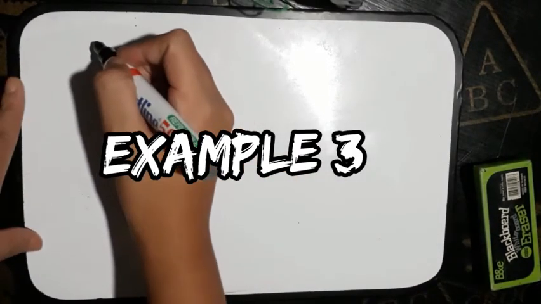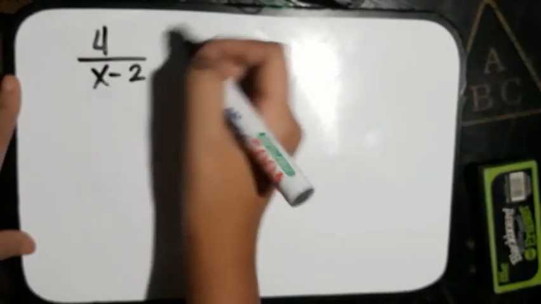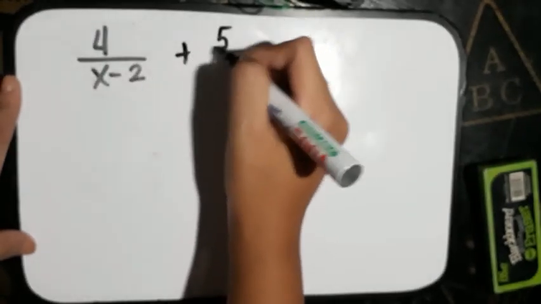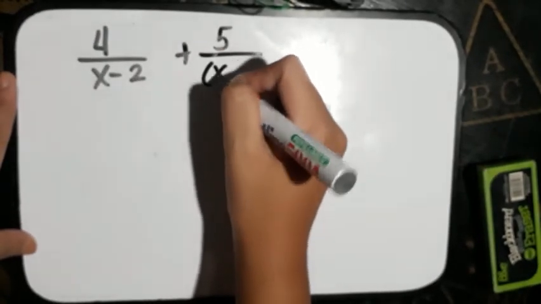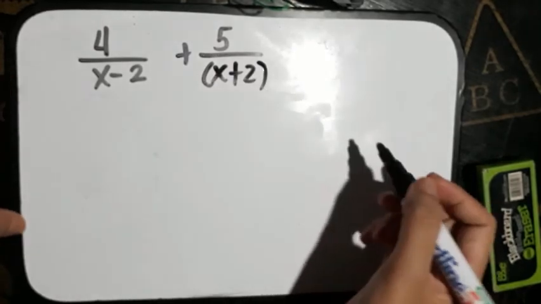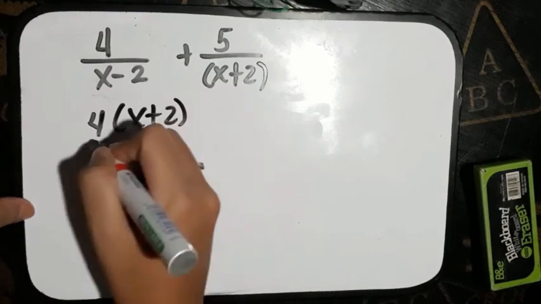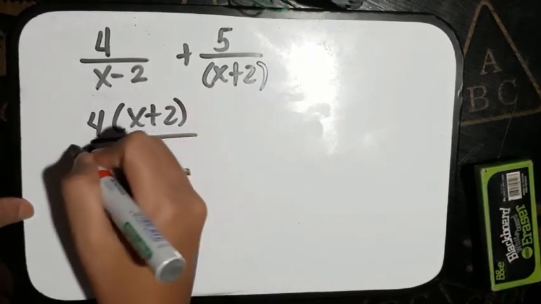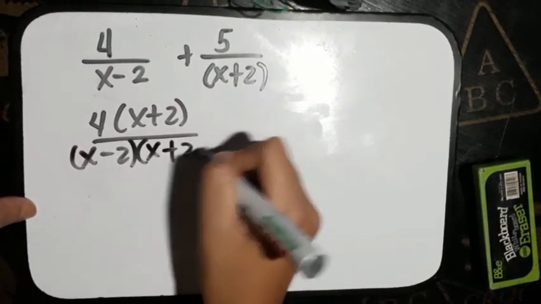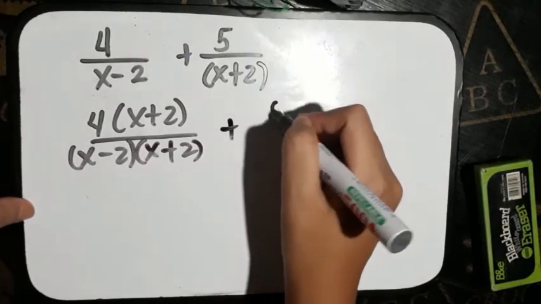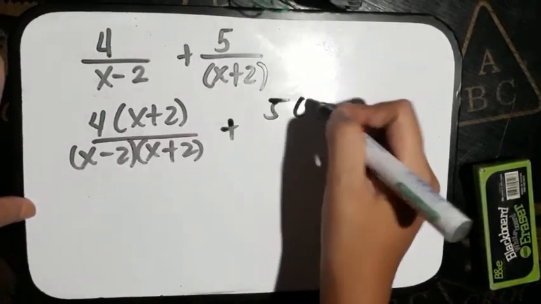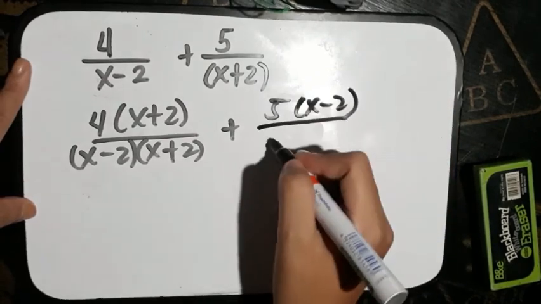Okay, for our last example, let's consider the rational algebraic expression 4 over x minus 2 plus 5 over x plus 2. Let's multiply this by x plus 2 as well as the denominator, plus, now let's multiply this by x minus 2, same with the denominator.